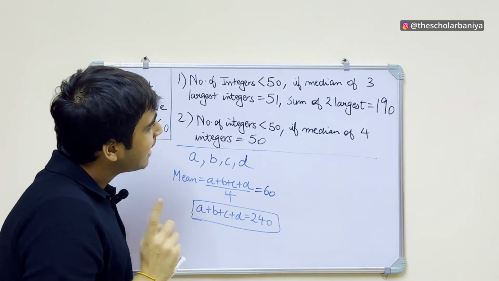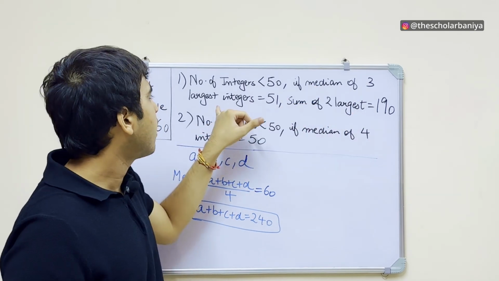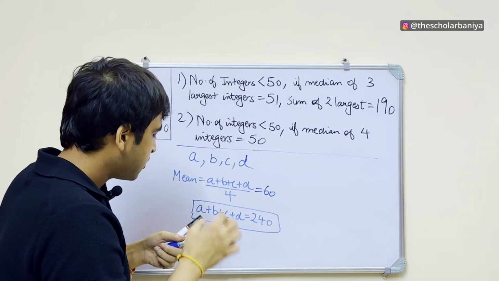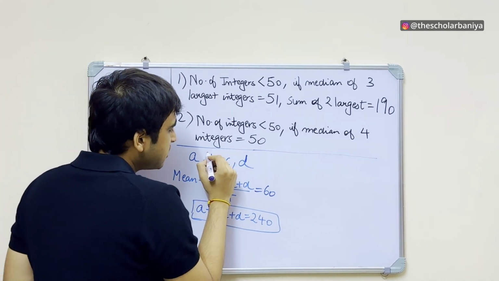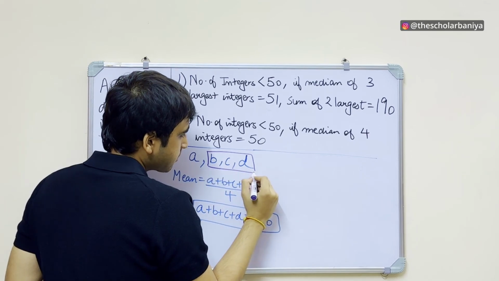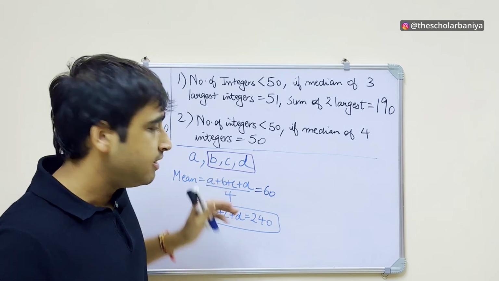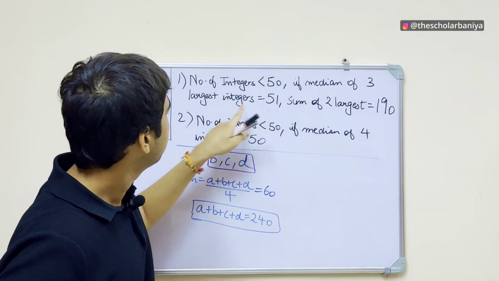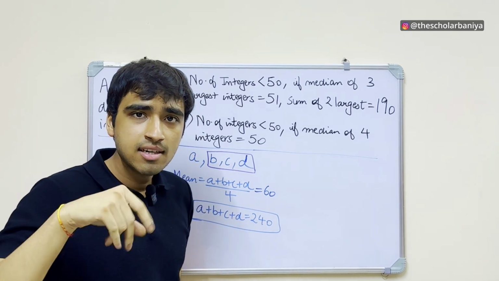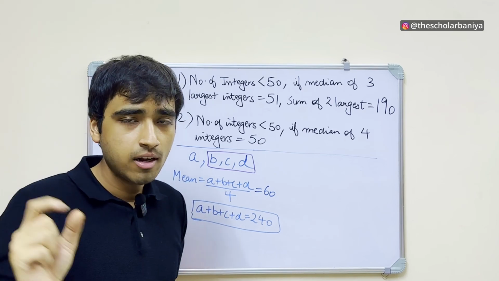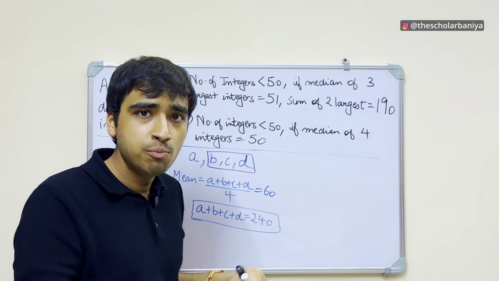Now, it is given that the median of the three largest integers is 51. What are the three largest integers? Since these are arranged in ascending order, they are b, c, d. The median for n numbers, when n is odd, is the (n + 1) / 2 term. With three numbers, (3 + 1) / 2 is 4 / 2, the second term.